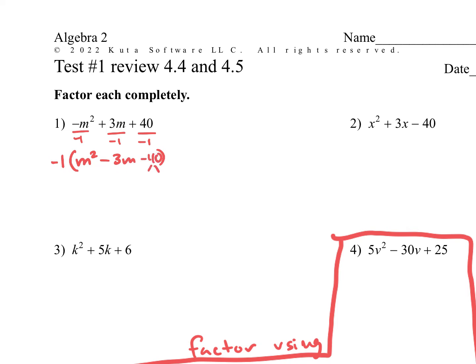Do I have two factors of -40 that add to -3? What are they? 8 and 5 and -8 and 5. So I have a -1 on the outside, and then inside I have m minus 8 and m plus 5.